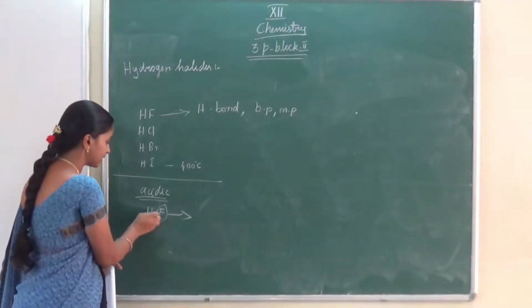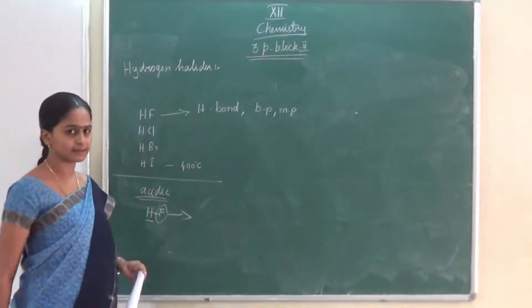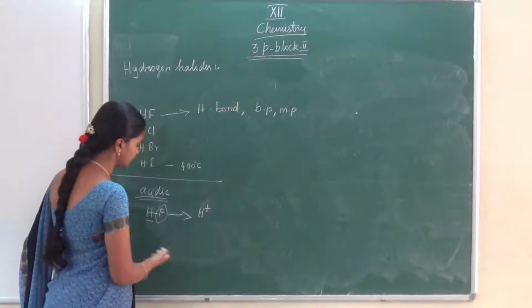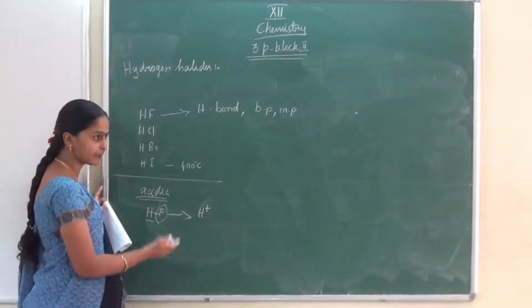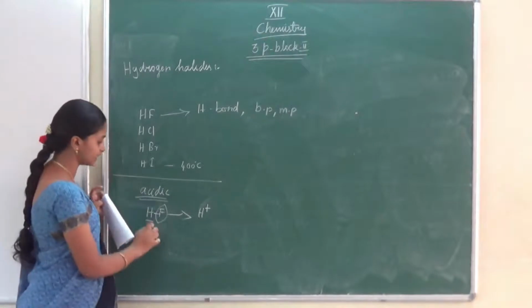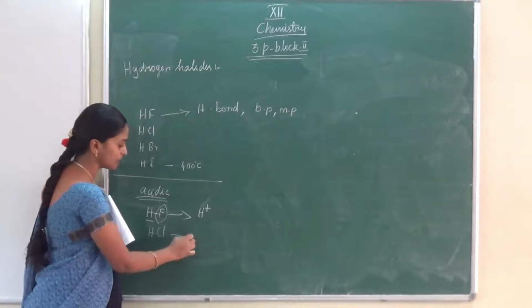Easily they will take the electron towards themselves. The H will be released as H plus easily, so we can say all the hydrogen halides are good acidic compounds. Comparing HF and HCl, who is more acidic?